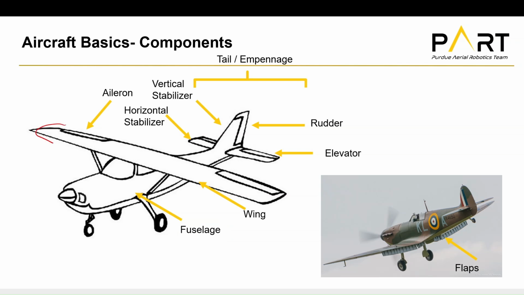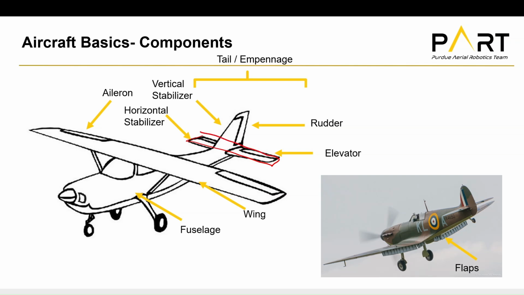Here we have the main wing. Kind of important, I hope you have a main wing on your plane. This provides the main source of lift, so you get a lift vector going up from this wing. Here you have your tail or your empennage, two different names for it. This includes what's known as the horizontal stabilizer, which is kind of just a smaller wing, if you really think about it.